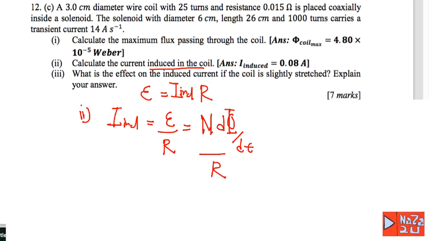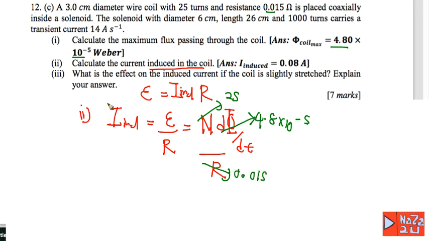And the number of turns of the coil is equal to 25 turns, and the rate of change of flux, dΦ/dt, comes from this flux, which is 4.8 exponent minus 5, and the resistance is equal to 0.015 ohm.